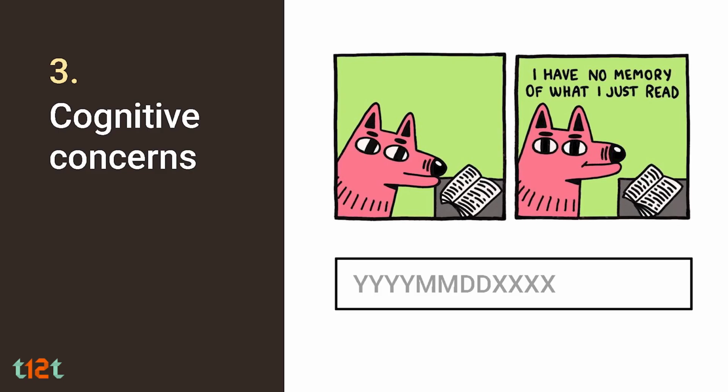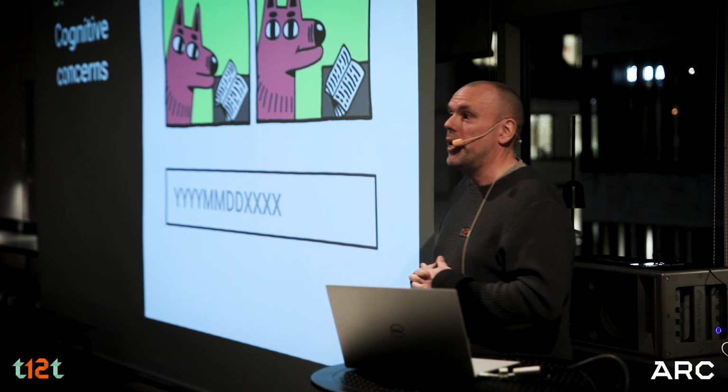Number 3, the cognitive concerns. This is a fancy way of saying it's difficult to remember. So one of the properties of the placeholder is that it's visible until you focus. When you start typing, it disappears. So in this example, you're supposed to fill in your date of birth, where the placeholder text is MMDD, which is a horrible screen reader experience, by the way.